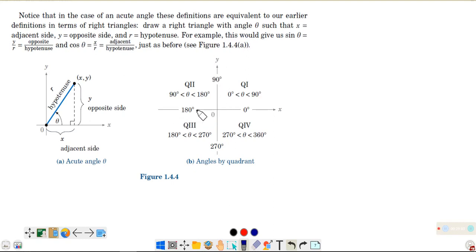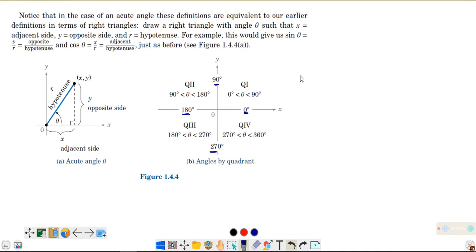Lahat ng angle na equal sa 180 degrees ay nasa negative x-axis at lahat ng angle na equal sa 270 degrees ay nasa negative y-axis. Yun yung mga angles, 1, 2, 3, 4, that will coincide with your axis. At saka yung mga multiples nila, dyan din magko-coincide.